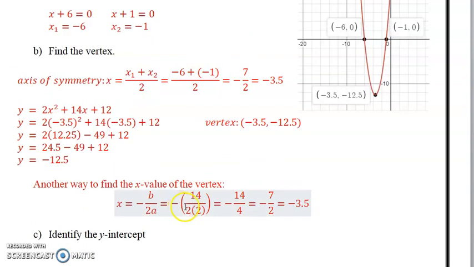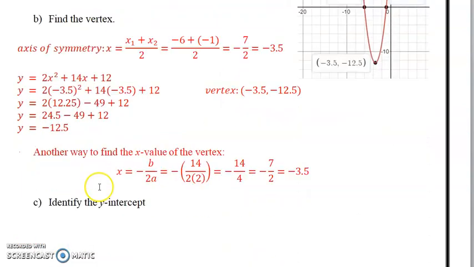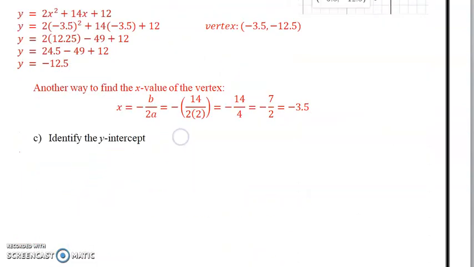Identify the y-intercept. Remember the y-intercept, again, I'll take the original equation for those of you that still aren't sure, but it's just the c value when it's in this form. But remember, to get the y-intercept, we let x equal 0, right? And again, you're going to see why we don't really need to do the math on this.